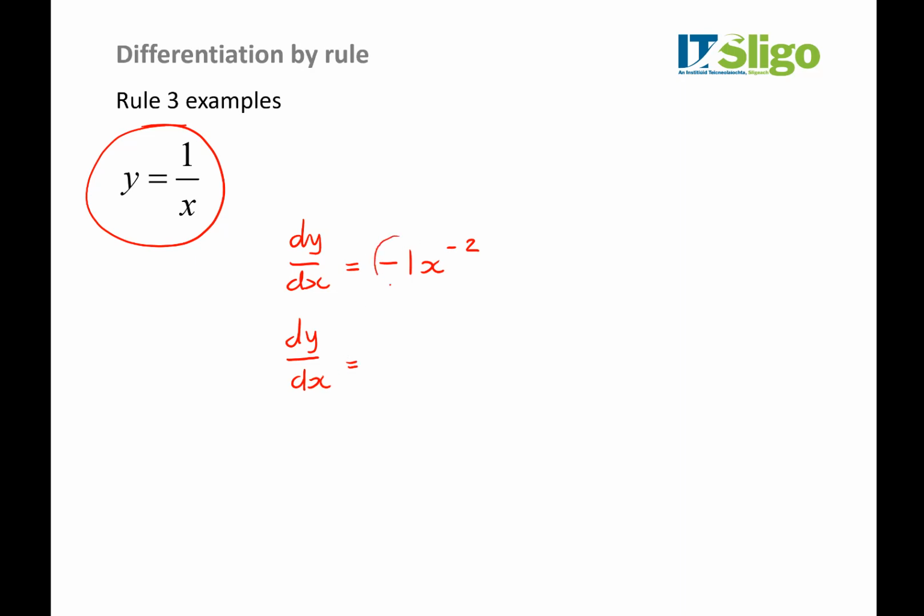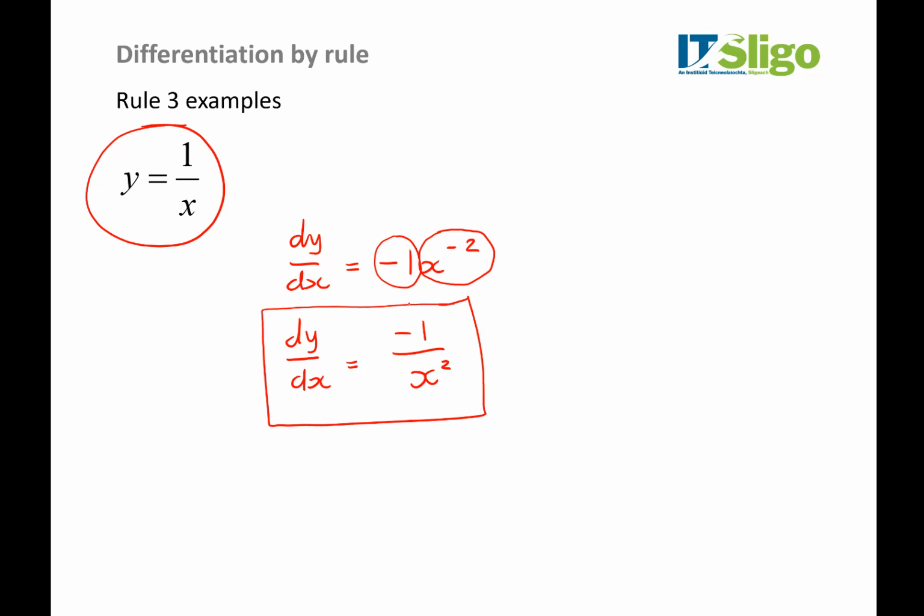So this is just -1. That's going to sit up on top. Remember, a negative power can be written below the line. So I hope you remember those from your power rules from semester 1. You might need to revise those if you don't.